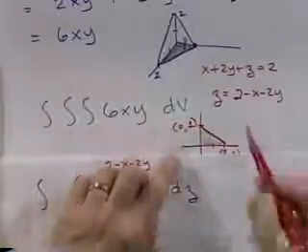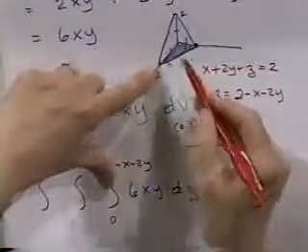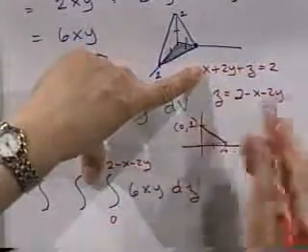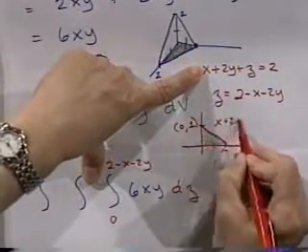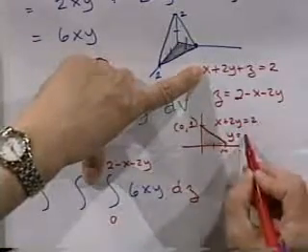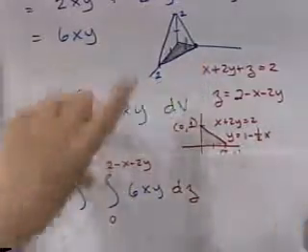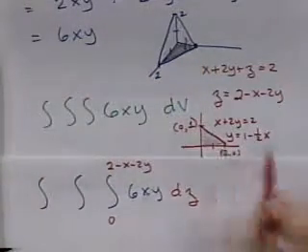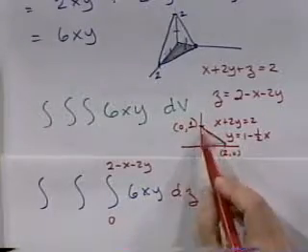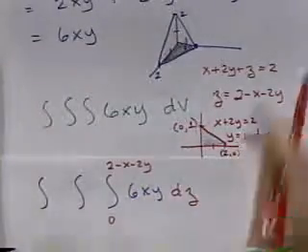Notice the equation of this line, since you're on the xy plane, z is 0, you could just let z be 0, and the equation is going to be x plus 2y equals 2, or y equals, I'm going to divide through by 2 and get 1 minus a half x if I solve for y. Notice y-intercept is 1, so that's your b, and your slope is down 1 over 2, it's minus a half.